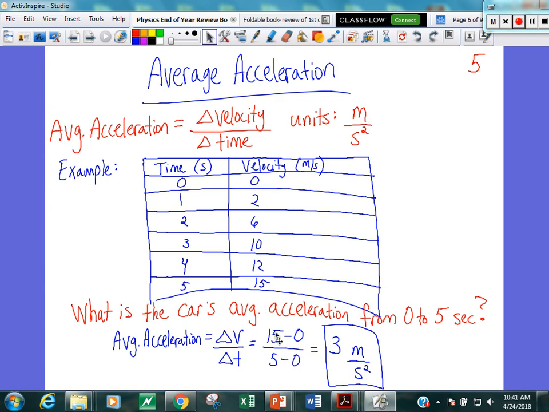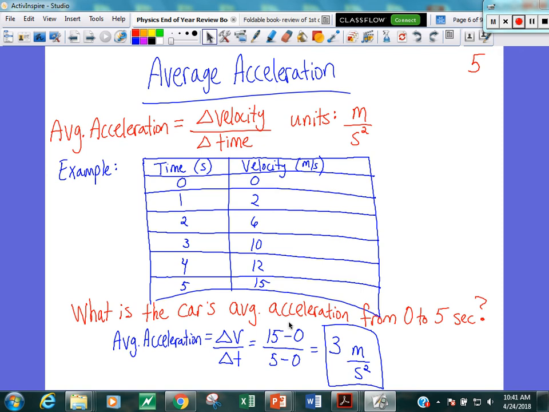We're starting with final. Our final velocity was 15, so that's where the 15 right here comes from, our final velocity, minus the initial velocity at 0 seconds, which was 0. That's on top, that's our change in velocity. Divided by change in time, again, it's final minus initial, so final time was 5 seconds, minus the initial time of 0 seconds.